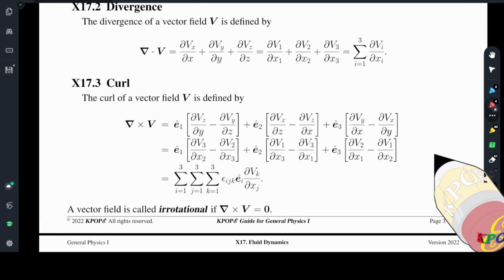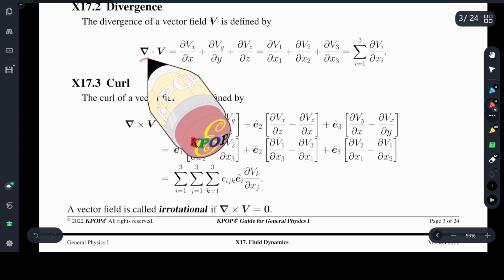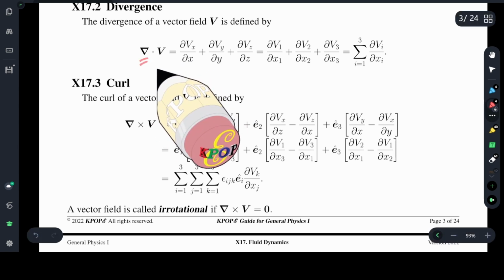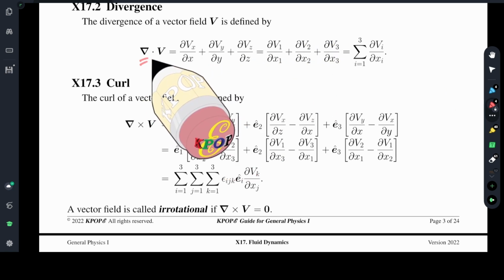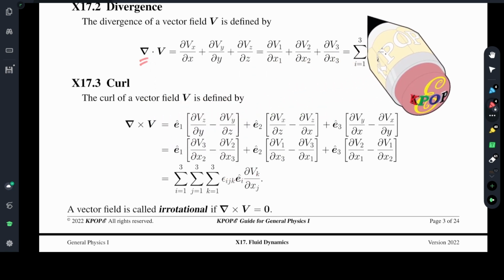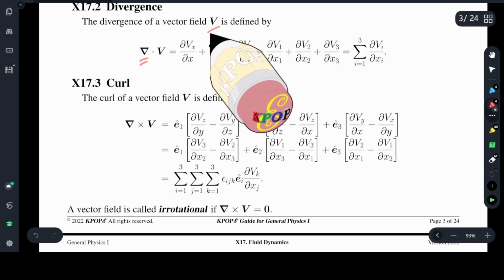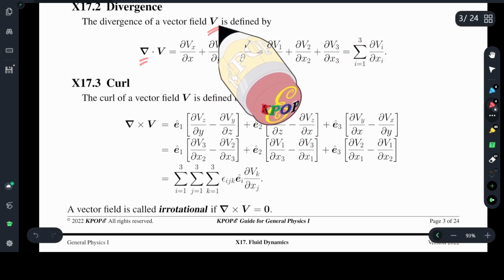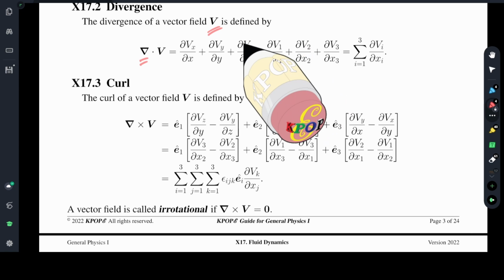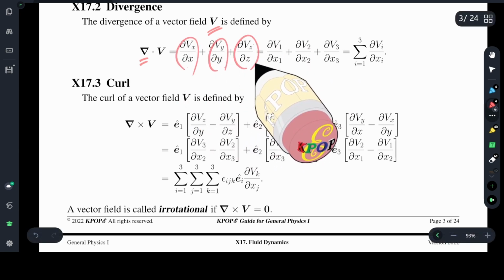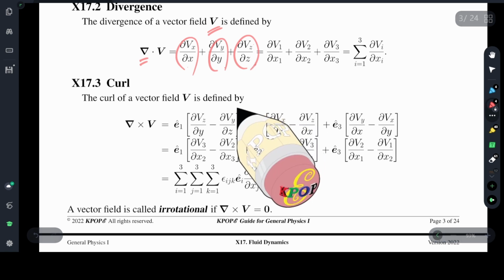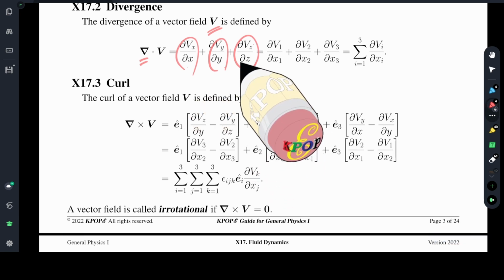Divergence. Divergence is the same differential operator, but the resultant value is a scalar because it is applied not to a scalar field but to a vector field, and it collects the first, second, and third components, and we take the derivative with respect to each component and sum them all.